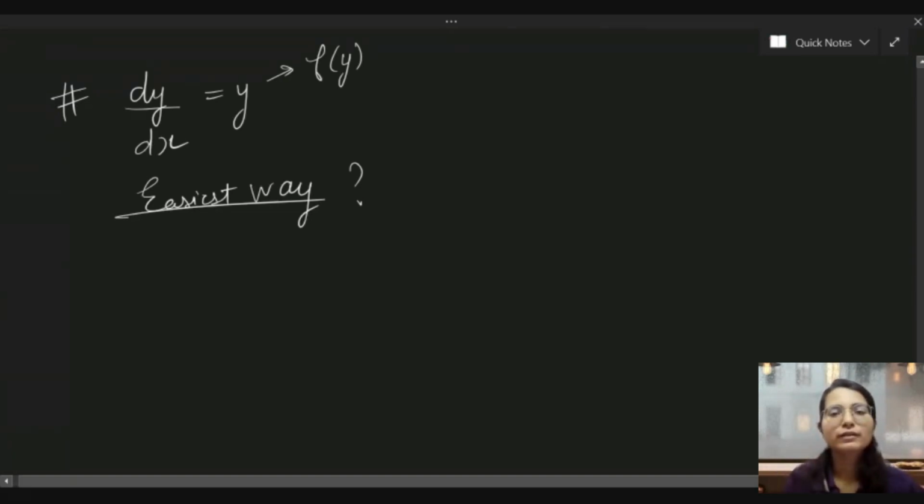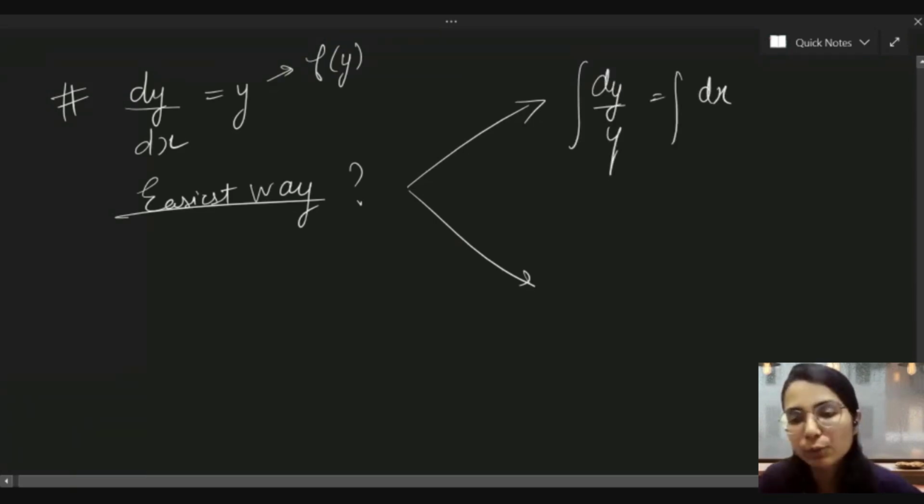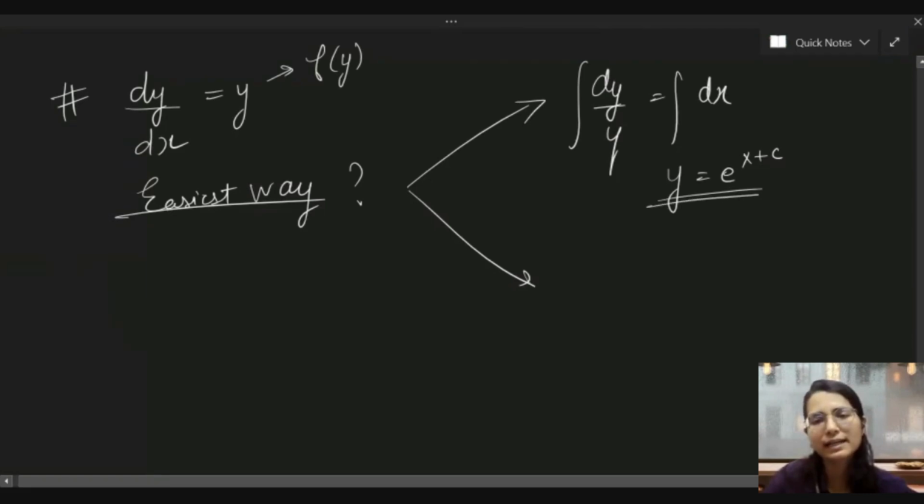Later on, as we increase the difficulty level of the questions, we won't need to find the solutions of the differential equation. So one kind of solution is what we usually do, variable separable form, and I did that earlier for you to solve this kind of equation. We solved it and we got y is equal to e to the x plus c, something like that. I don't exactly remember.